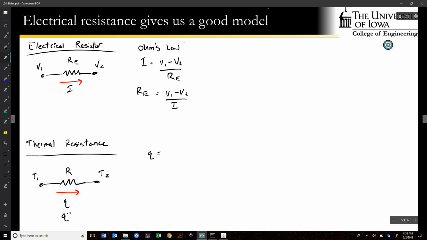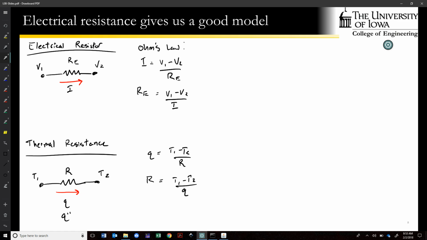So in this case, we say that Q is equal to T1 minus T2 over that thermal resistance. Or we decide to define that thermal resistance as T1 minus T2 over Q. And since I mentioned this Q double prime, sometimes Q is the total amount of heat flow.